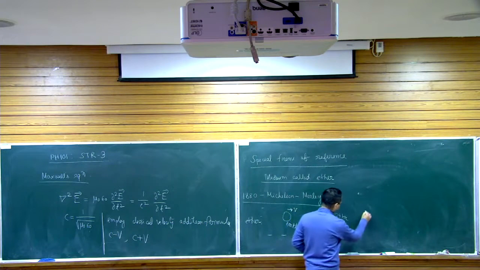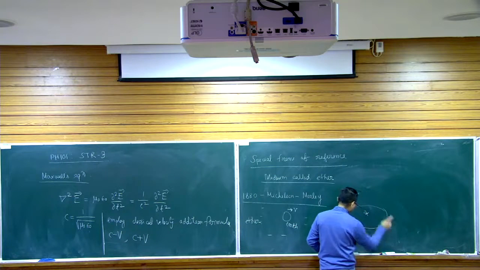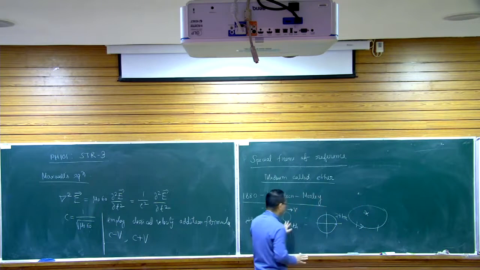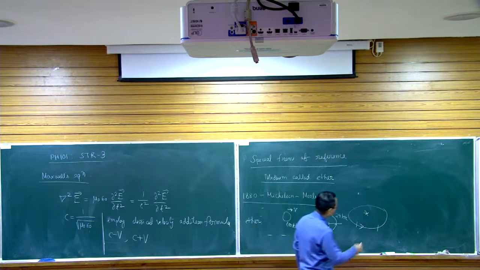So there is a sun somewhere here, and the Earth is moving most of the time, let's say, with a linear velocity. So that way we consider Earth to be an inertial frame. So the experiment was performed, the experimental setup was positioned on Earth. Now what kind of experimental setup?